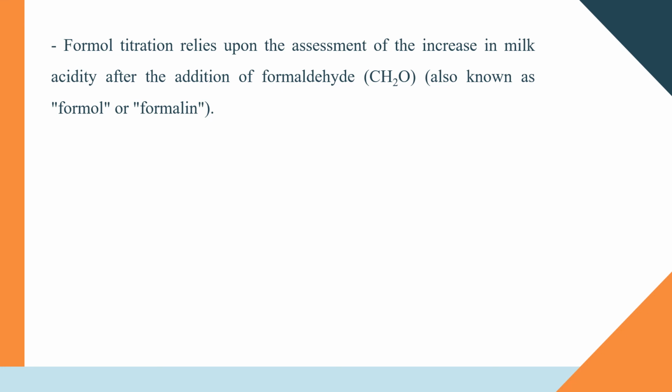This way, the acidic effect of the acidic groups in the side chains of amino acids will appear. And if we add an alkaline solution to neutralize this acidic effect, then we will be able to have an estimation of the amount of protein.